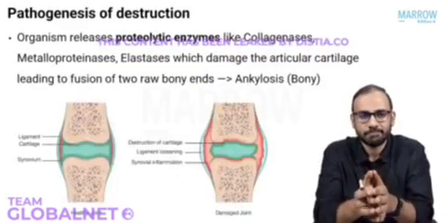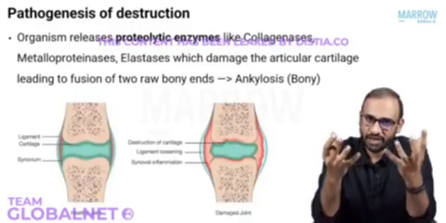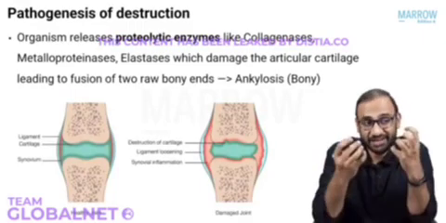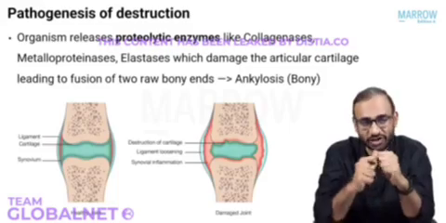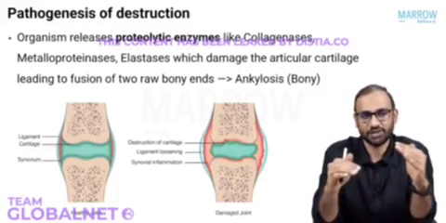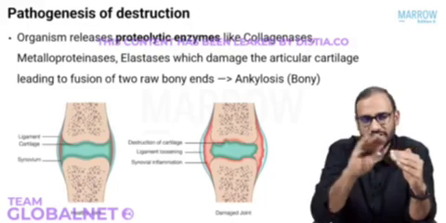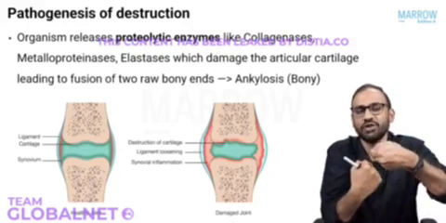So this is what happens. The pus that is collected inside the joint is basically a collection of the organism, and it contains a lot of enzymes. These enzymes cause destruction of the lining cartilage of the joint. The articular cartilage is eroded, and then there will be two raw ends of bone sitting on each other.